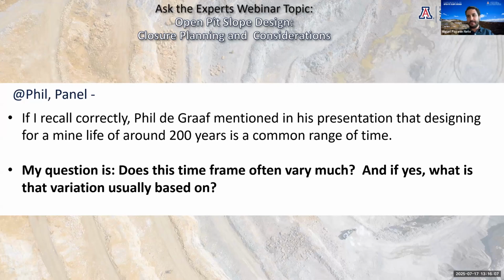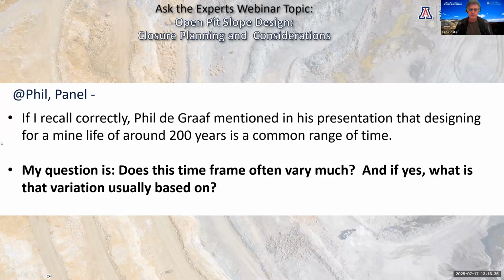But I totally agree with Jeff and Phil that I also believe that 200 years is a very good range of time for this planning. But just to consider for the hydraulic structures of waste piles and open pits, that with the climate change, it's a point to maybe make a deep dive.